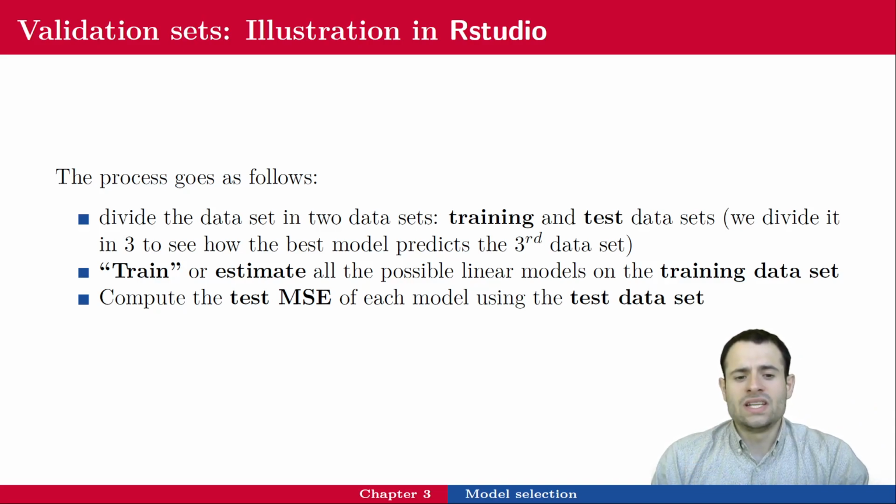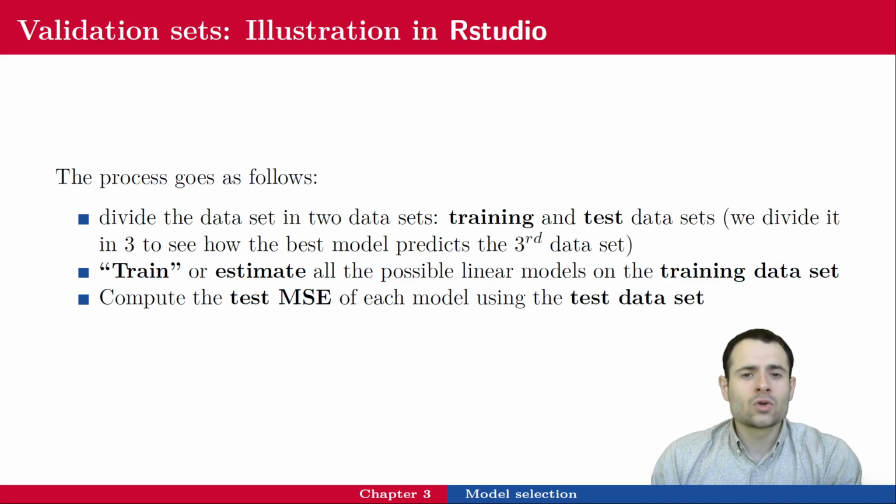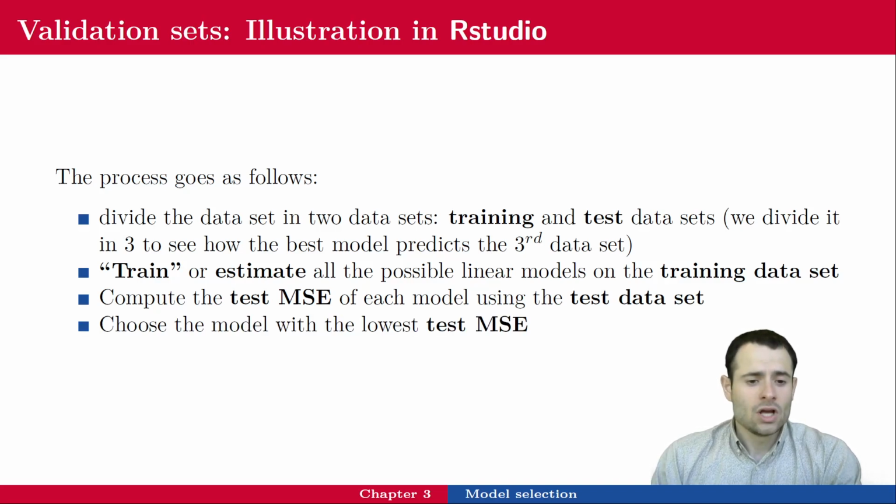I can then compute the test error or the test MSE by looking at the test data set and taking the difference between these numbers and the predictions. I take the square to get a distance and I compute the average error. We also call this the mean squared forecast error, MSFE. That's another term that you might encounter if you read some literature about it. Finally, you choose the model with the lowest test mean squared error.